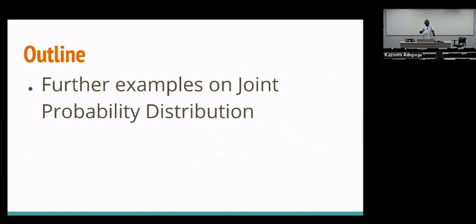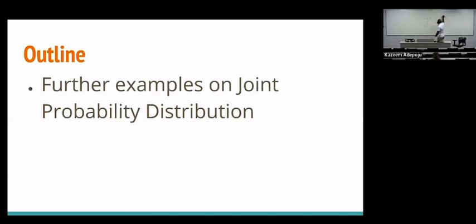The first one is going to be the unconditional mean, which is just the expected value of x and the expected value of y. Then we're also going to have the conditional mean, which is the expected value of x given y, or the expected value of y given x. And of course, we're also going to have conditional variances, one for this and one for that as well.